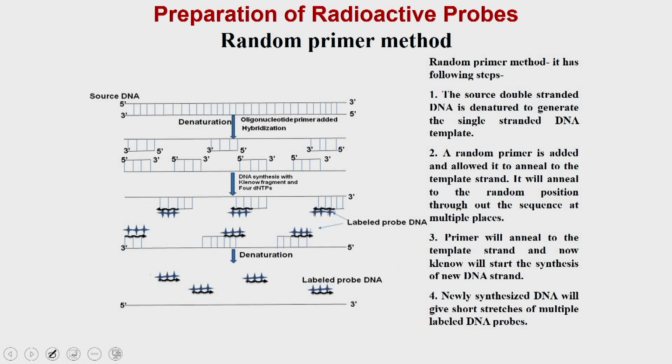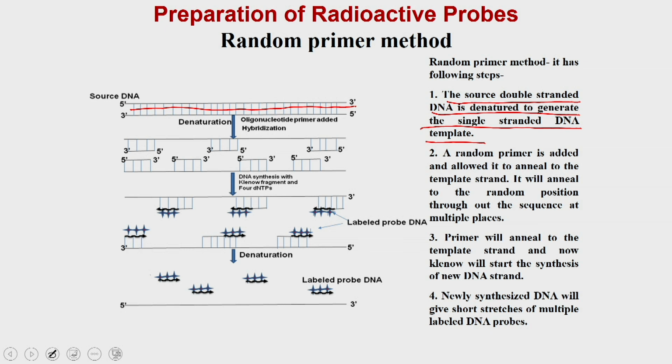So, this is what is given in the templates. The source double stranded DNA is denatured to generate the single stranded DNA as a template. In the first step you denature, so that all the hydrogen bonding between the two strands is broken down.